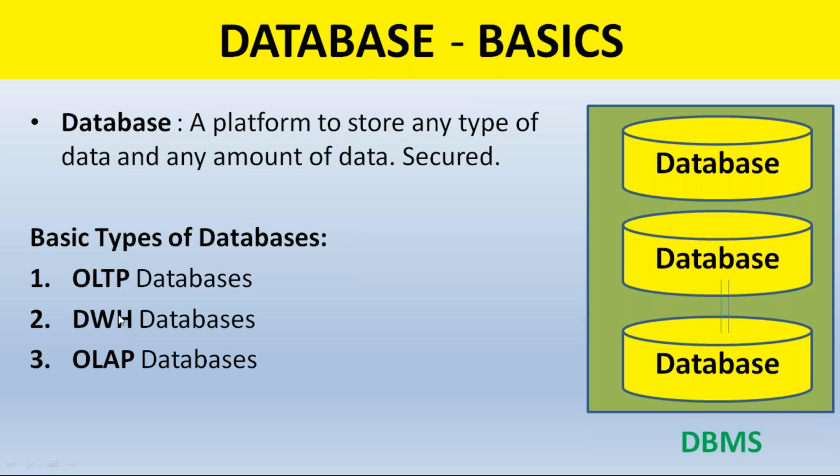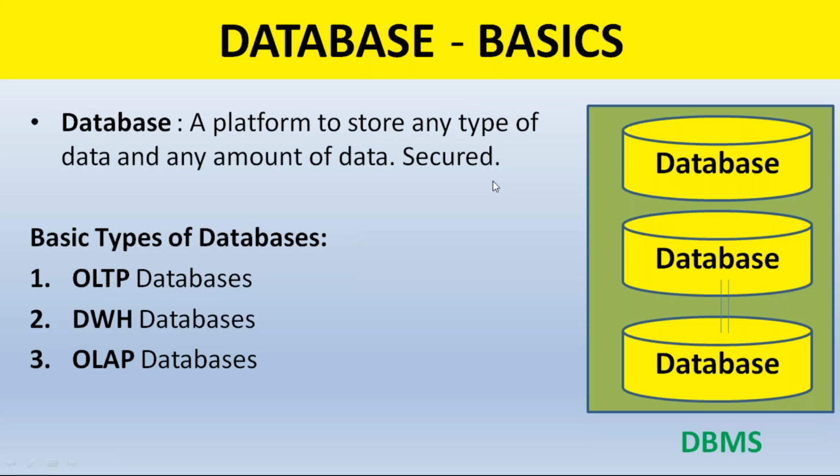What is that? OLTP, online transaction processing databases, to store live data, real-time data, like live temperatures, live stock market operations. One of our class examples, live IoT. Anything live, OLTP. Data warehouse to store old historical data, also called inactive data.